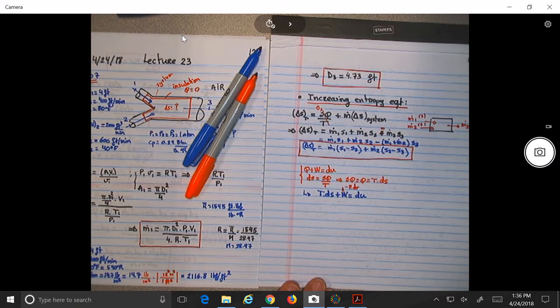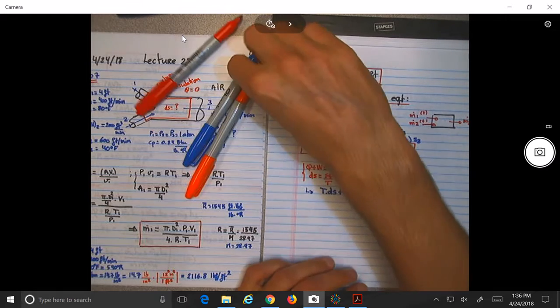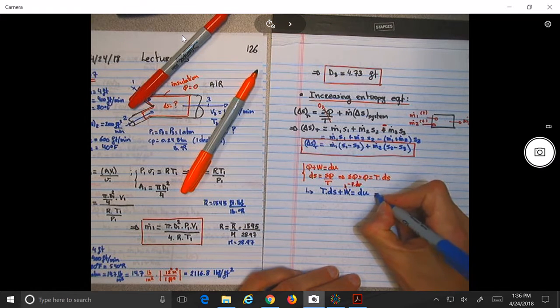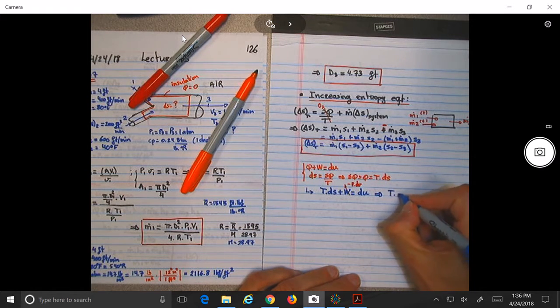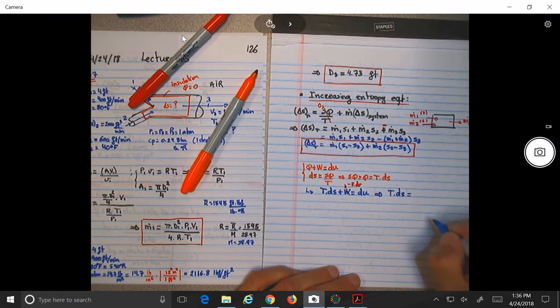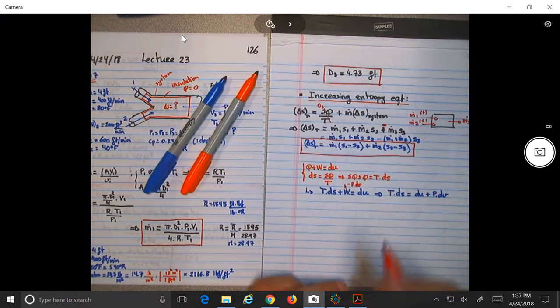Minus PdV. So doing this, we get the first TdS relation, which is for closed systems: TdS equals dU plus PdV.